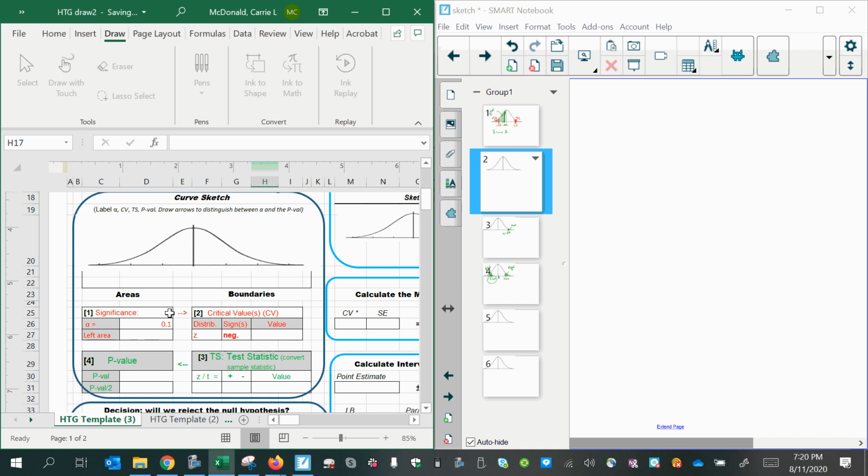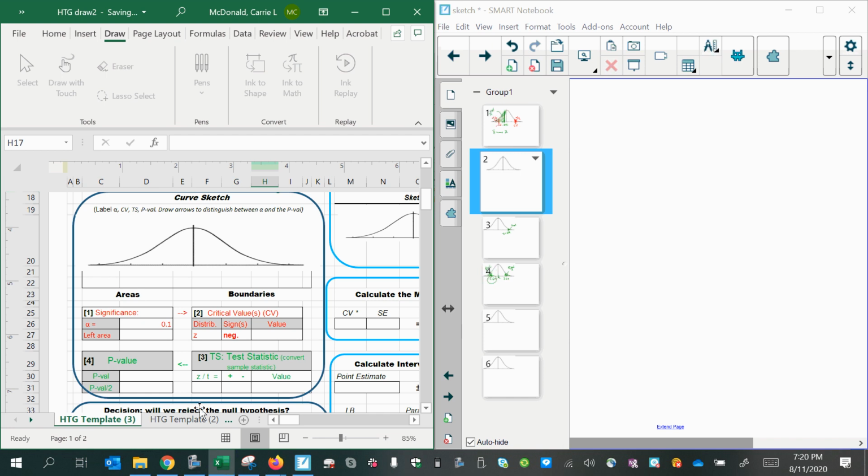So the curve sketch is going to be completed when we have marked it with the significance area and its corresponding critical value boundary, and the test statistic boundary, which is where we take our sample proportion and turn it into a z-score. And that boundary will have an area attached to it called the probability value.